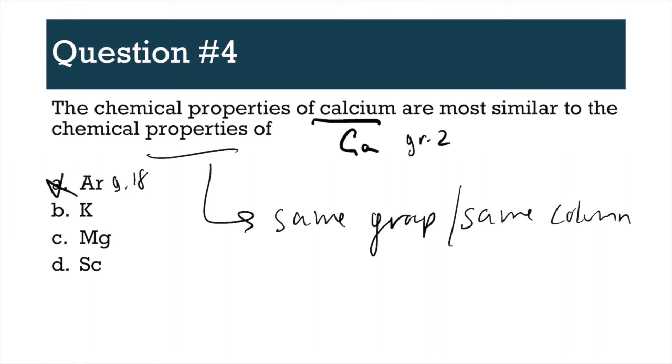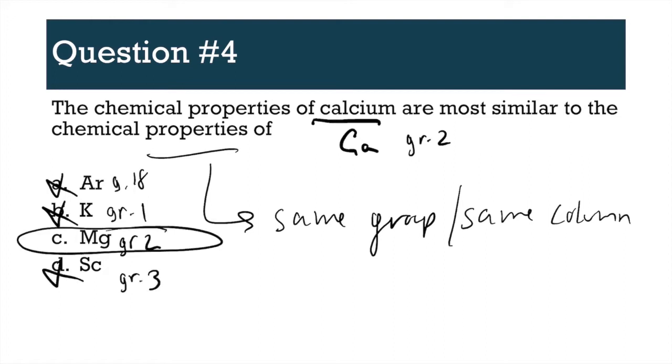Potassium, which is K, lives in group 1, can't be B. Magnesium, Mg, lives in group 2. Looks pretty good, so let's just double check that last one. Sc, scandium, lives in group 3. Can't be that. Has to be magnesium. Again, same group, similar chemical properties because they have the same number of valence electrons.